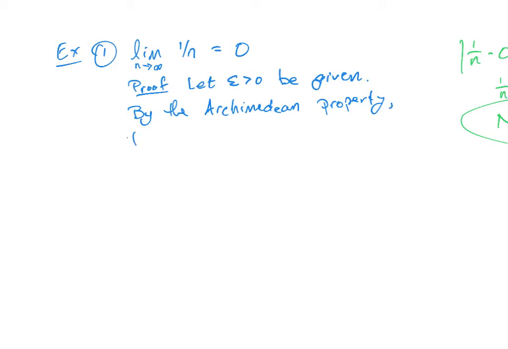By the Archimedean property, there is some capital N in the natural numbers so that capital N is greater than 1 over epsilon.